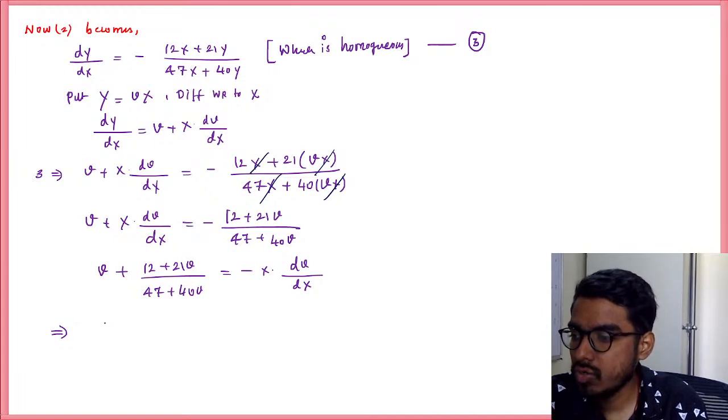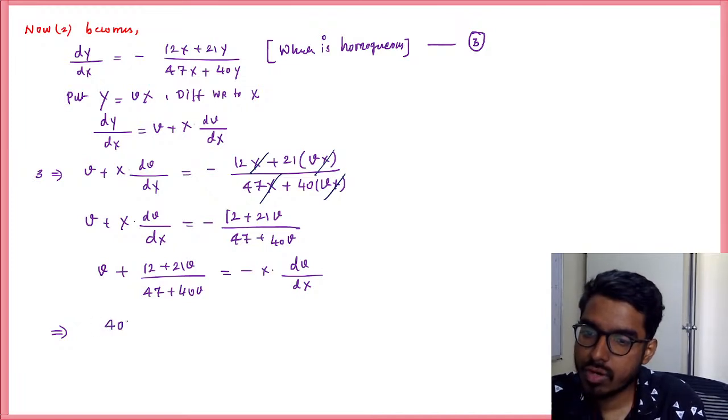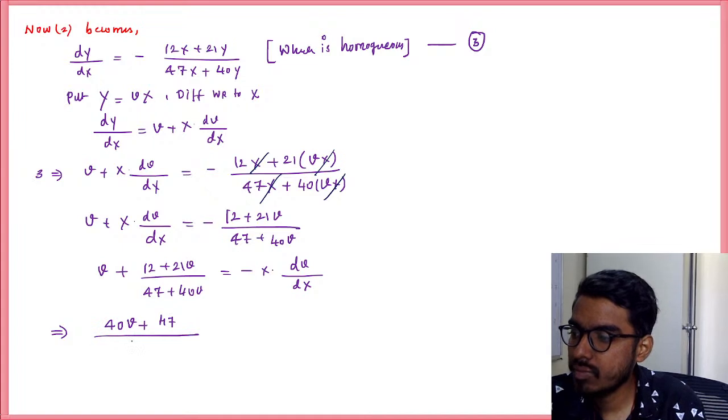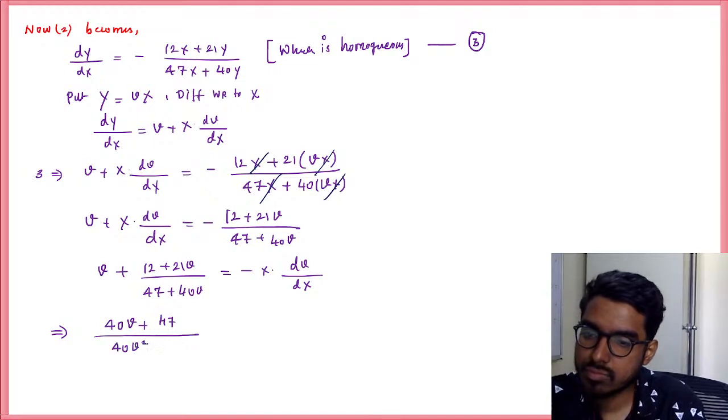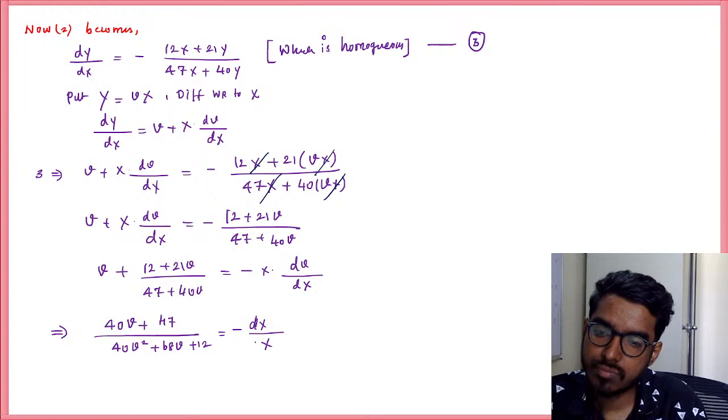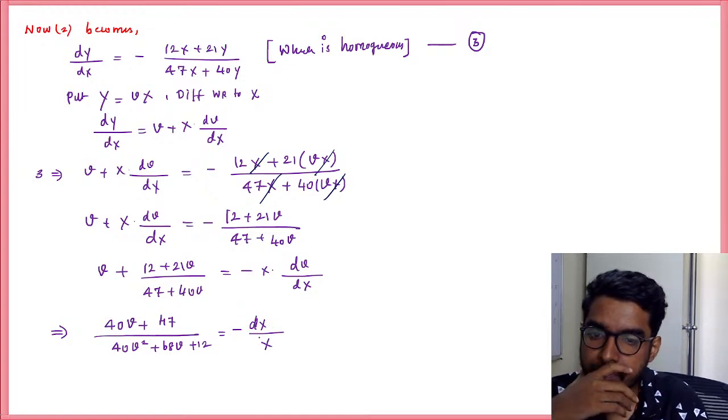You will have (40v plus 47) divided by (40v square plus 68v plus 12) dv is equal to minus dX by X. So it's very simple.